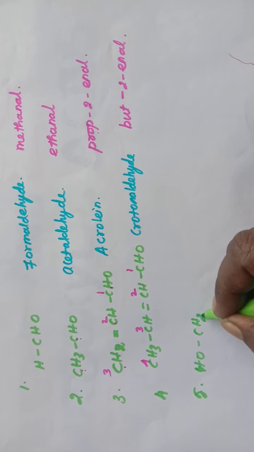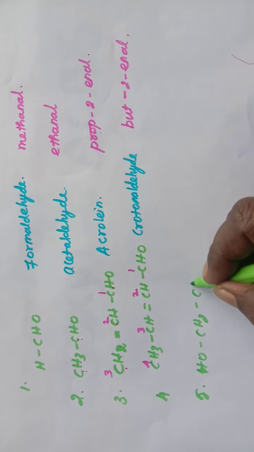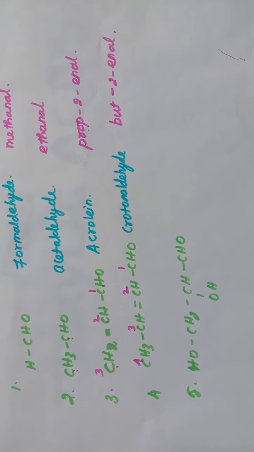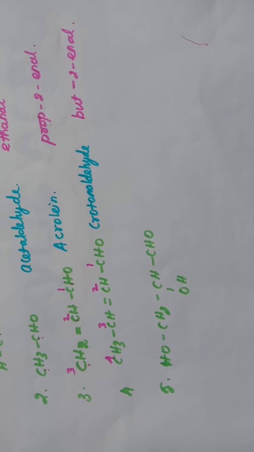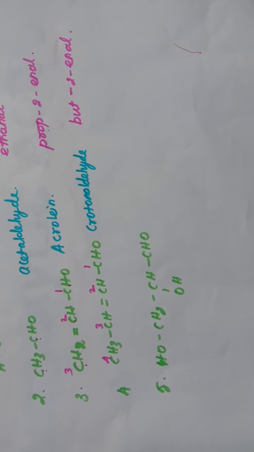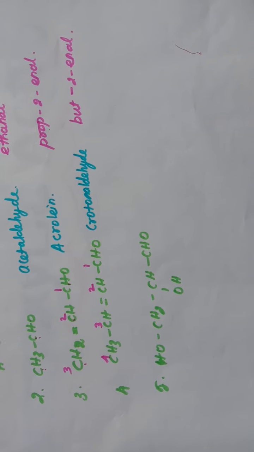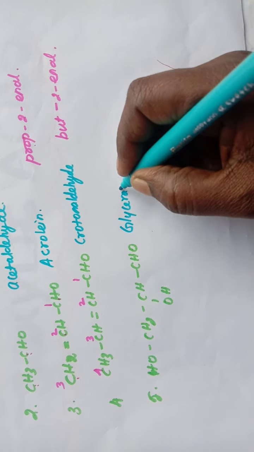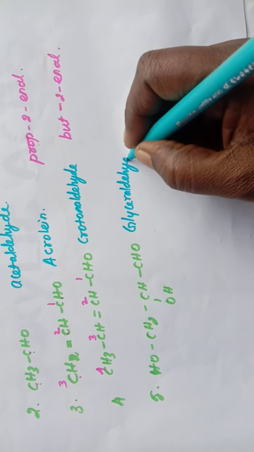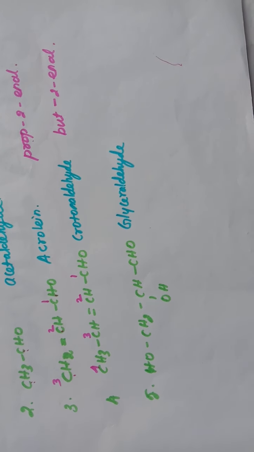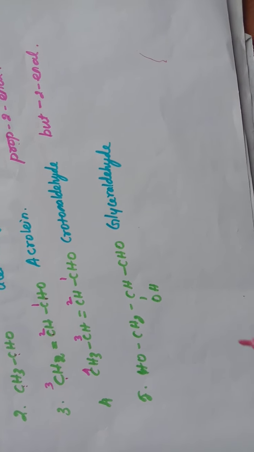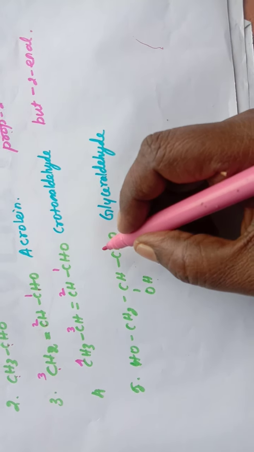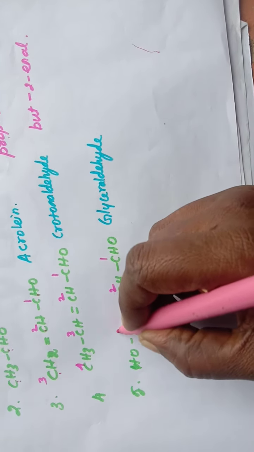And fifth one is OHCH2-CHOH-CHO. Common name of this compound is glyceraldehyde. IUPAC name: here it contains 2 OH groups. First give the numbers to the carbon atoms, 1, 2, 3.